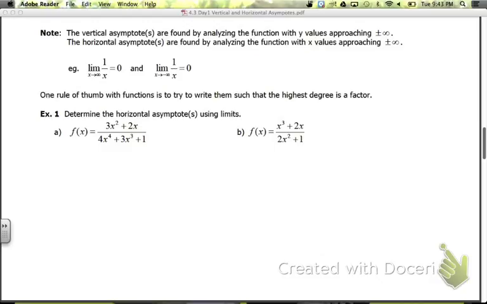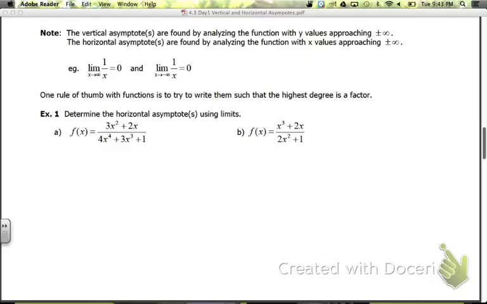So this takes us back to our unit 1. Now, when we're talking about horizontal asymptotes, what you want to do when you're trying to find limits is divide each term by the highest degree in the whole function. So looking at a here, f(x) = 3x squared plus 2x all over 4x to the power of 4 plus 3x cubed plus 1.